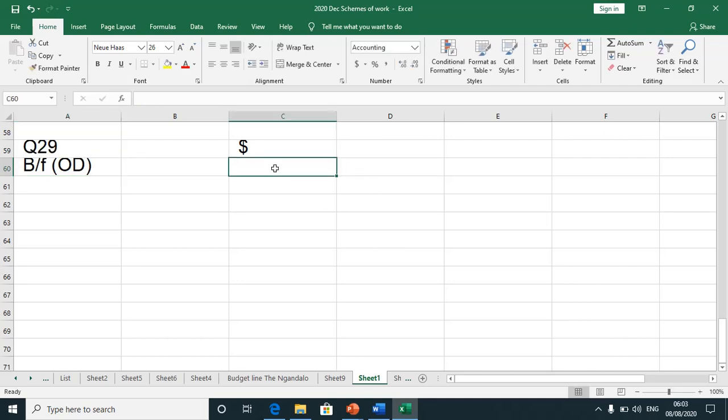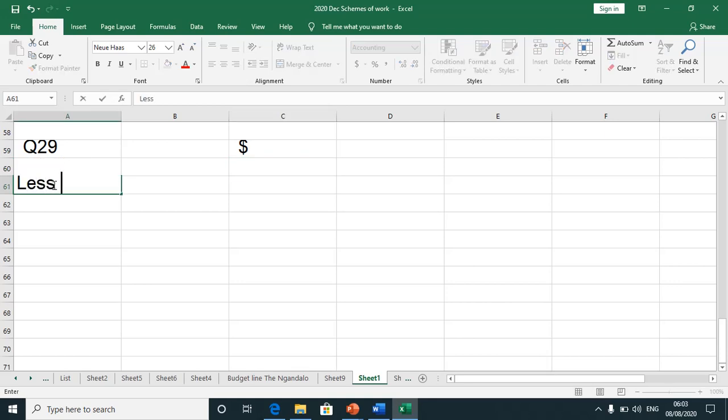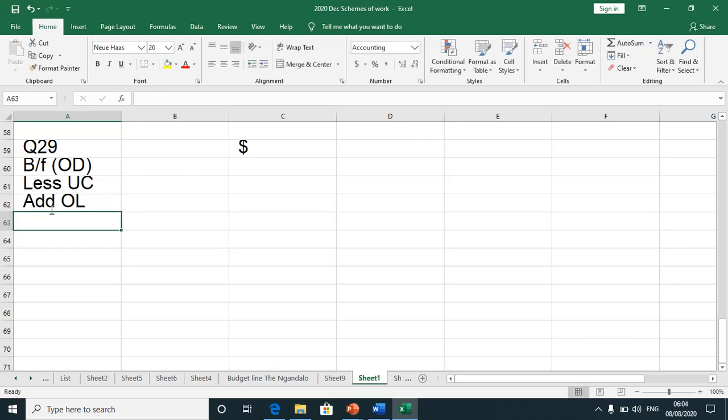You can always put a minus, please, whatever figure you have. Then you say less unpresented checks, then add outstanding lodgements, and then you have your closing balance. We call it the revised cash book balance.